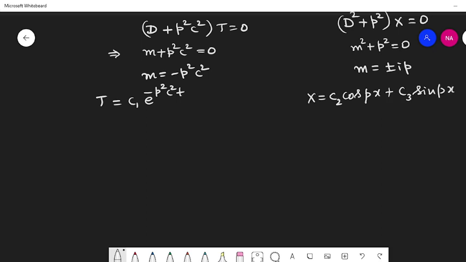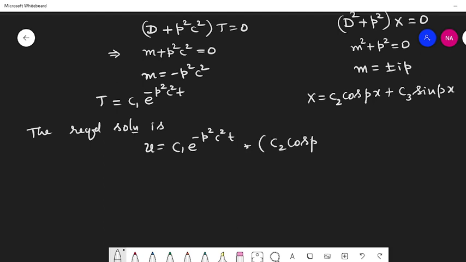Now the required solution is, small u equal to C1 e power minus p square c square t times (C2 cos px plus C3 sin px). So this completes case 3.